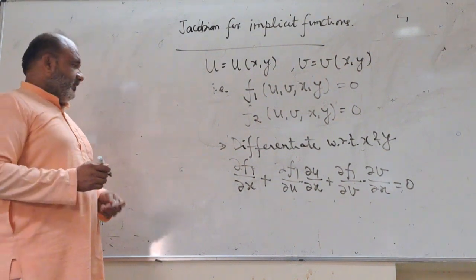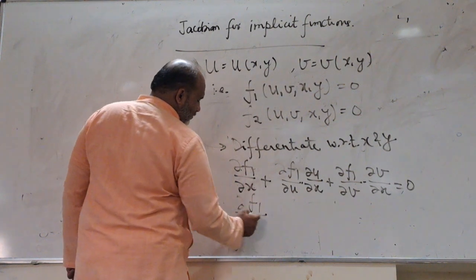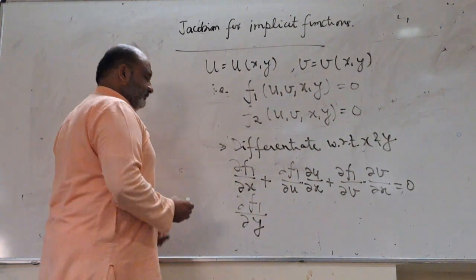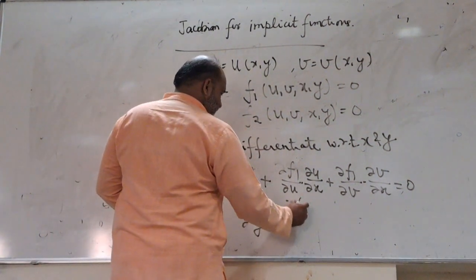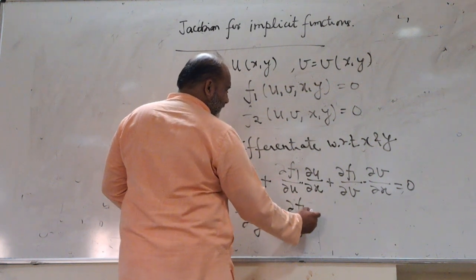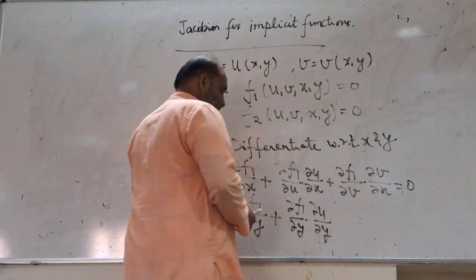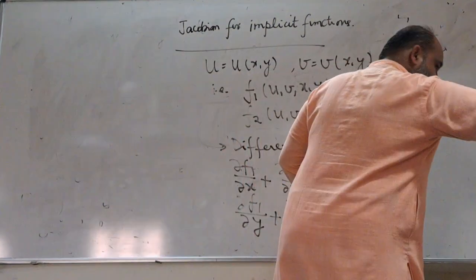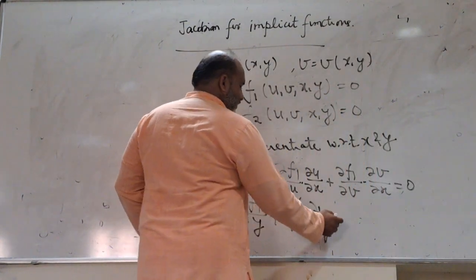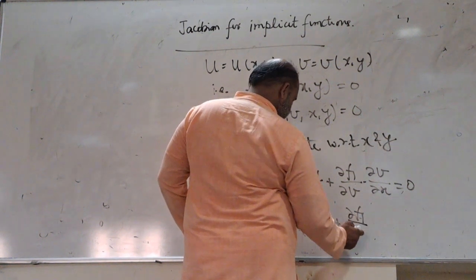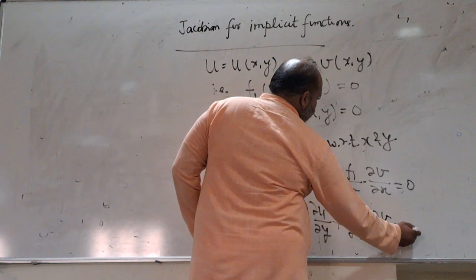Is it okay? And of course del f1 over del y, this will be equal to del f1 over del y plus del f1 over del u into del u over del y and plus del f1 over del v into del v over del y is equal to 0.